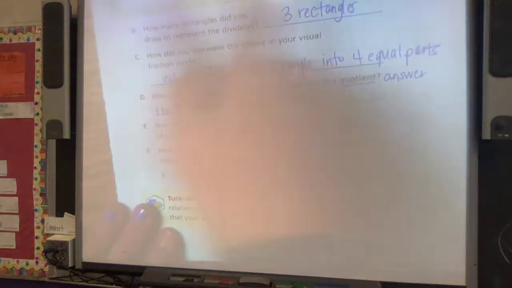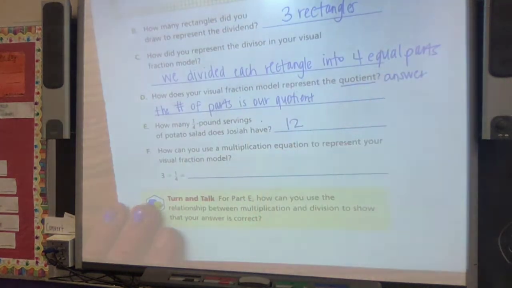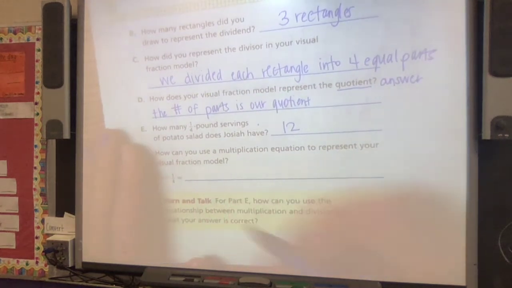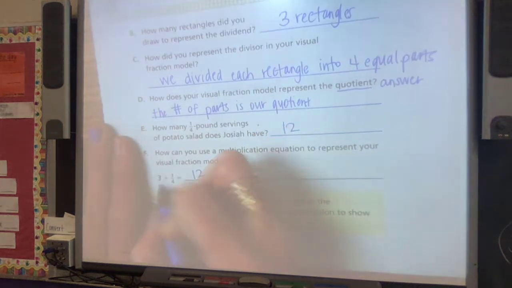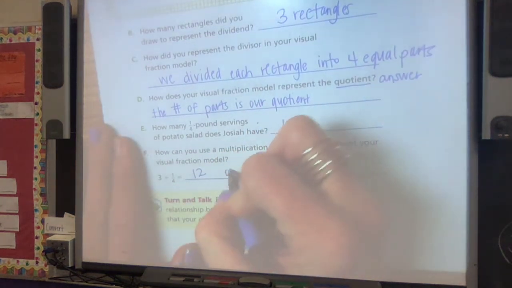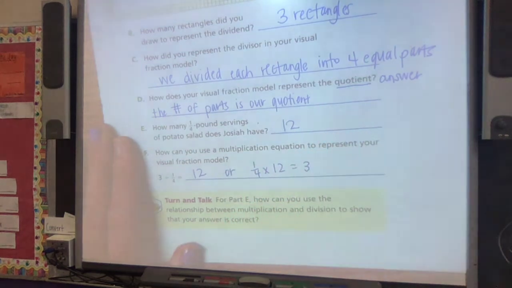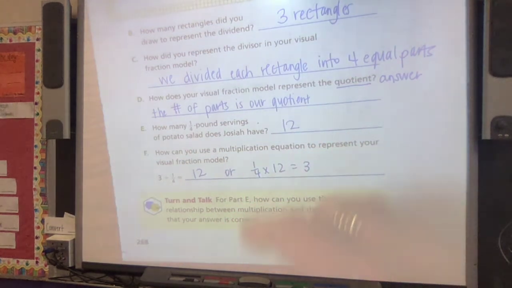We know he has 12. How can you use a multiplication equation to represent your visual fraction model? We did this up top already. 3 divided by 1/4 equals 12, or 1/4 times 12 equals 3. If we wanted to work backwards, we'd say 1/4, 2/4, 3/4, 4/4, 5/4, 6/4, on and on until we got to 3.